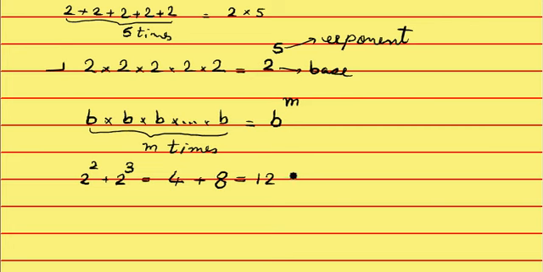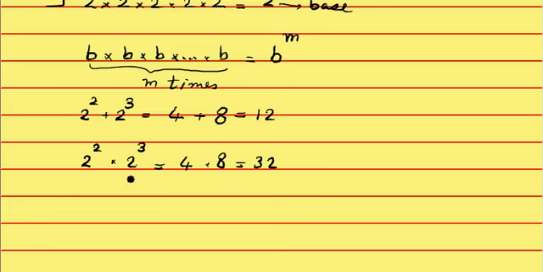Every now and then something interesting happens, and that gives rise to some new horizons and new understandings. What if I was multiplying 2 squared and 2 cubed? Well, I could go ahead and do it this way. 2 squared is 4, 2 cubed is 8, and the answer will be 4 times 8, which is 32. However, we open up the issue for ourselves. Remember that 2 squared meant 2 times 2, and 2 cubed means 2 times 2 times another 2.